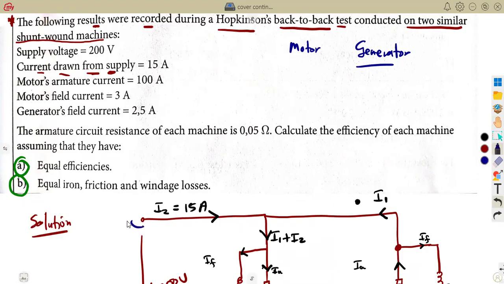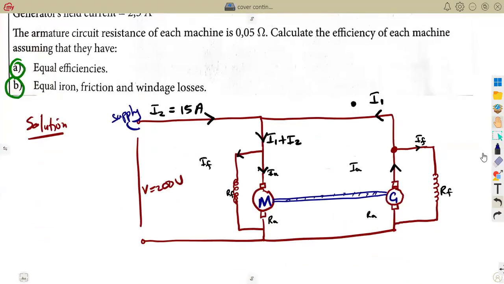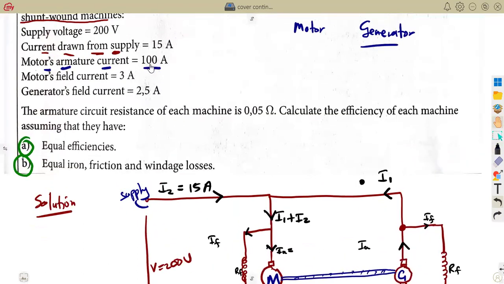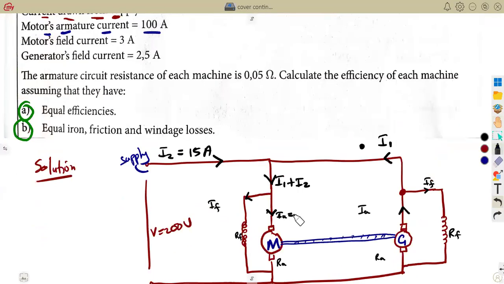They are working from the supply. Then the motor's armature current, 100 amps. The part of the motor here, that is where we are given the armature current of the motor. So we are given this one as 100 amps.